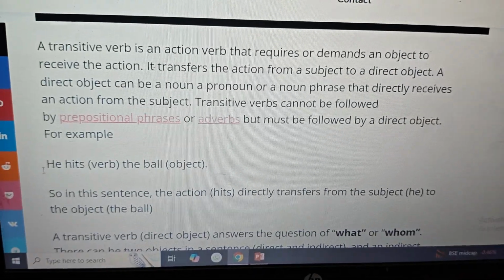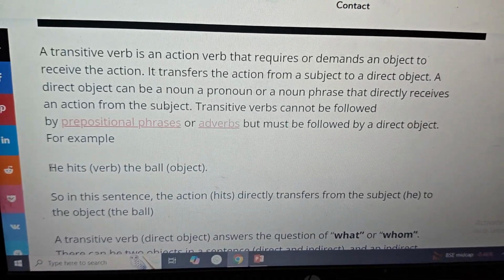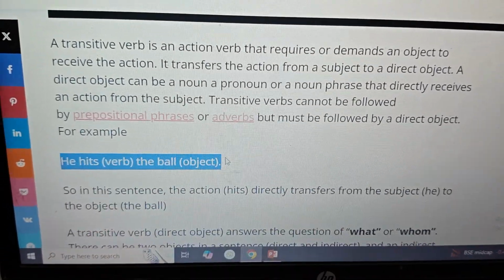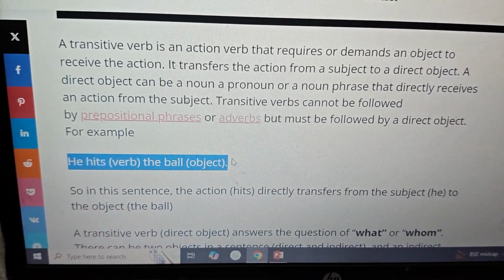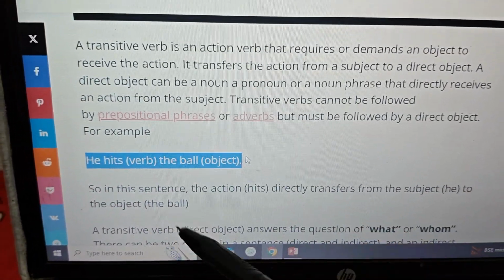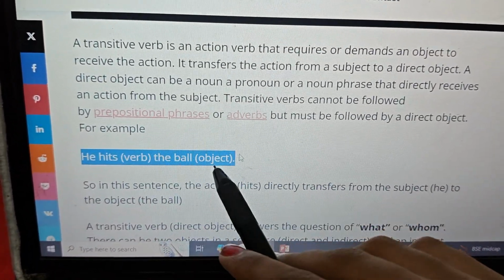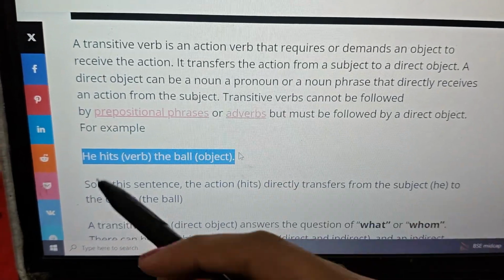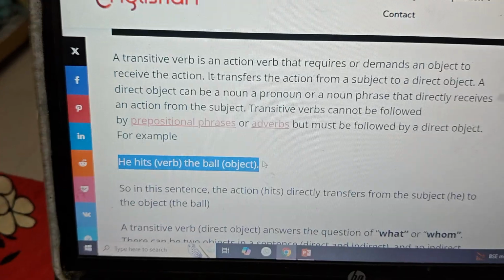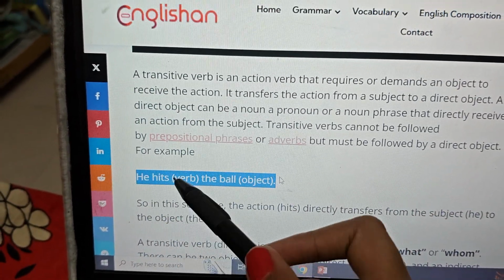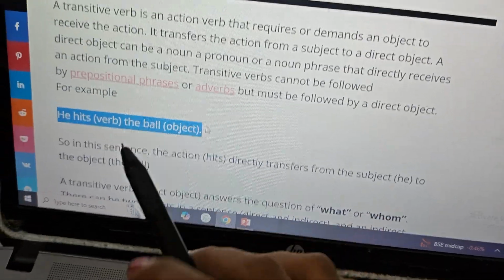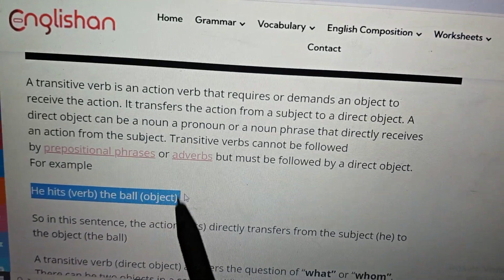Okay, now let's look at some examples. He hits the ball. Here, hits is the verb, and ball is the object. So in the sentence, the action, that is hits, directly transfers from the subject, he, to the object, which is the ball.